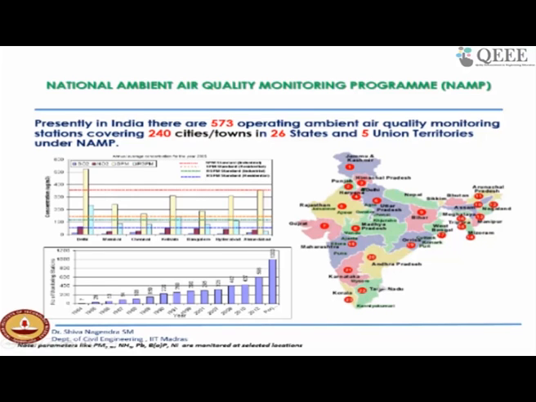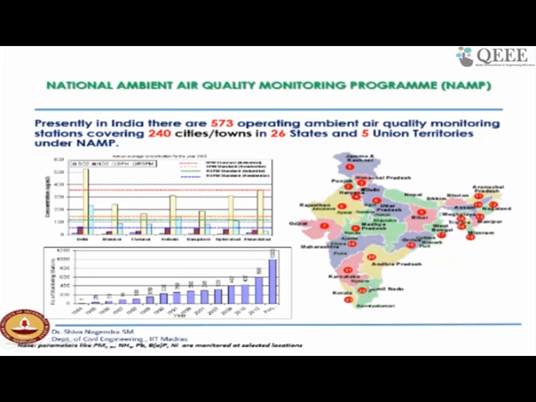It means that if the population of the city is about 50 lakhs, you require about 10 monitoring stations. Each monitoring station is very expensive, because all these stations involve integration of sophisticated air quality monitoring instrumentation, both for measuring gaseous and particulate pollutants.